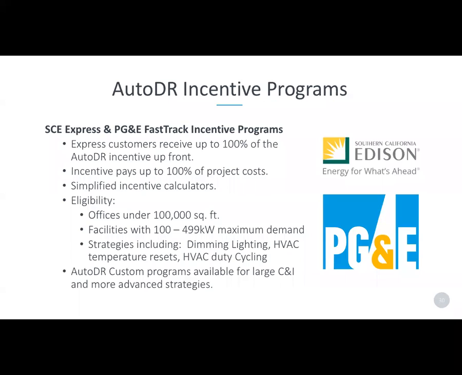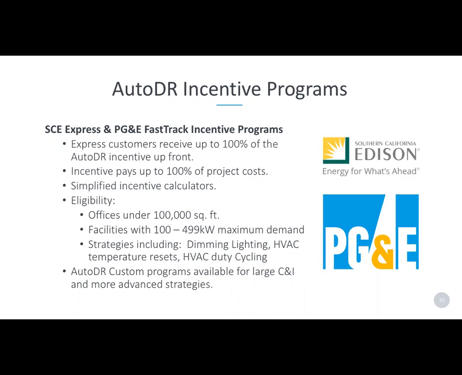These programs offer incentives to non-residential customers to cover up to 100% of the purchase and installation costs of AutoDR equipment after successful on-site verification of equipment installation and testing. It's important to note it's not just the hard costs associated with installation. These programs can also cover some of the soft costs, so anything from administrative costs to project management.